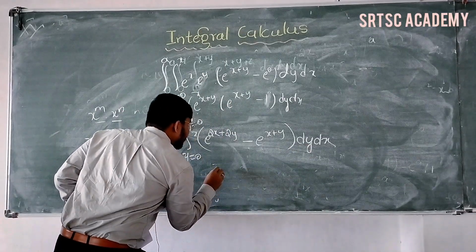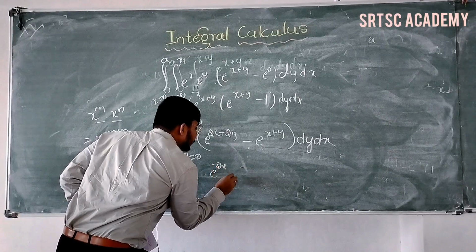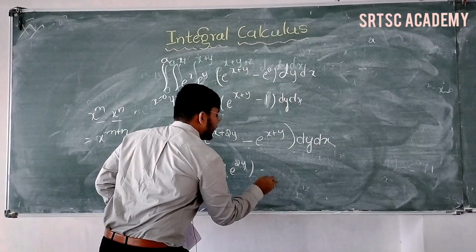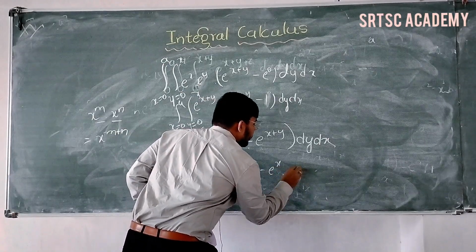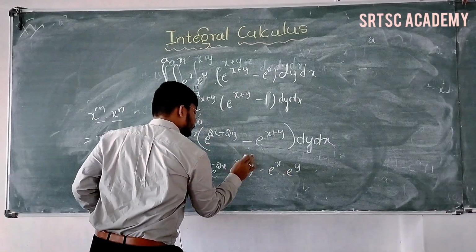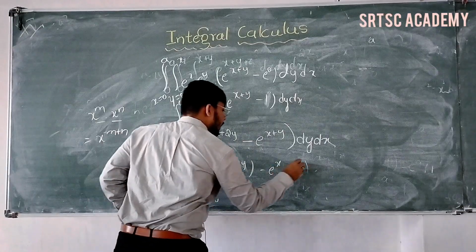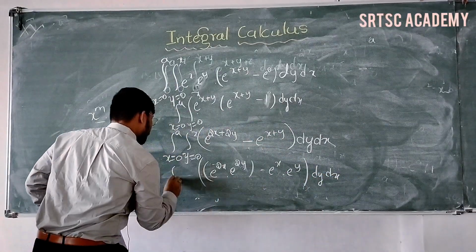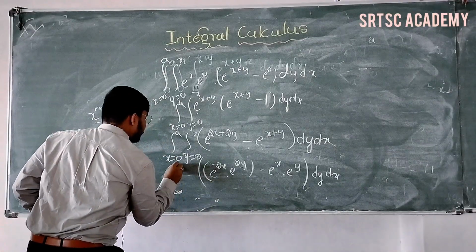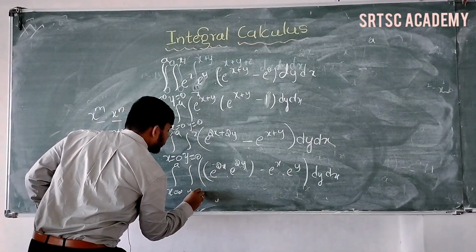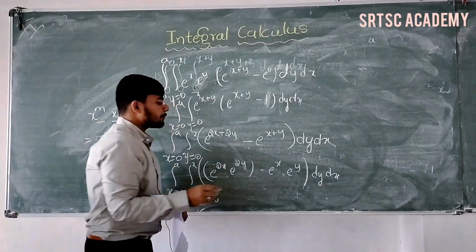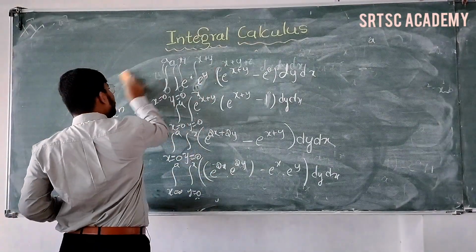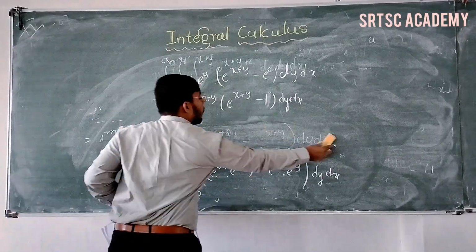Then it becomes what? e to the power 2x into e to the power 2y minus e to the power x into e to the power y, right? Keep it in mind, dy dx. x varies from 0 to a and y varies from 0 to x. Now we have to integrate it with respect to y.